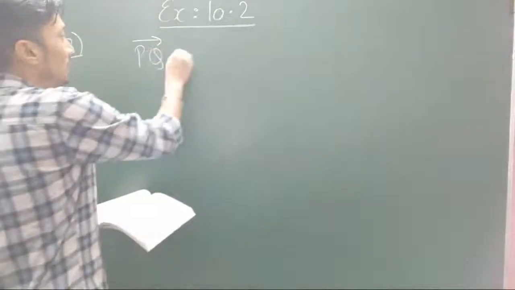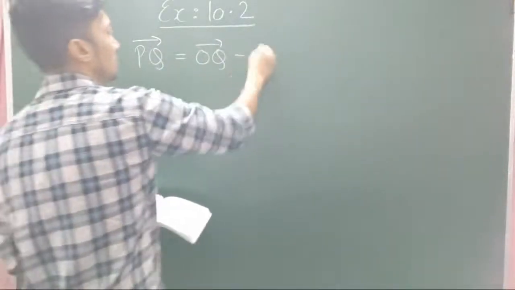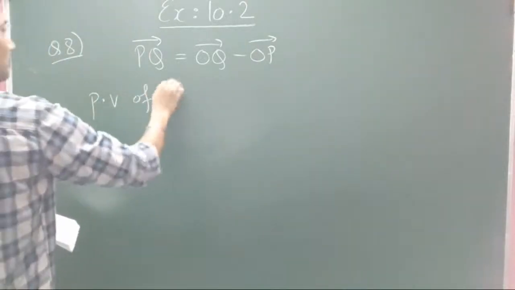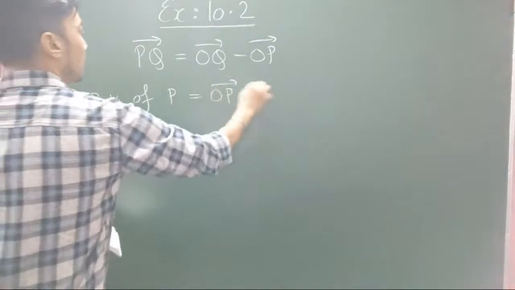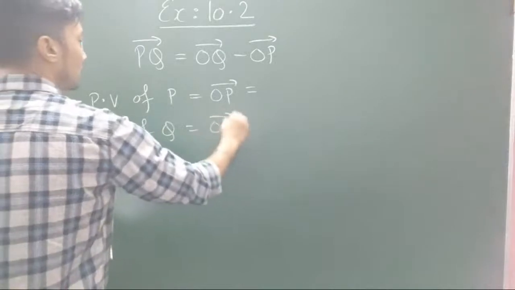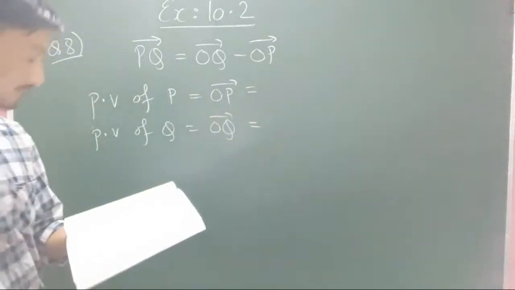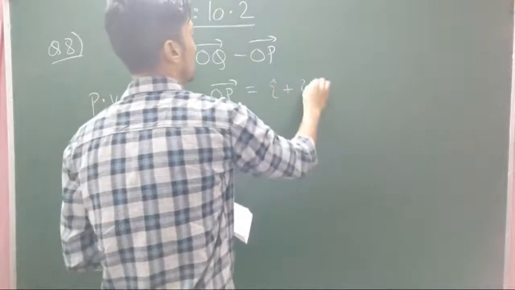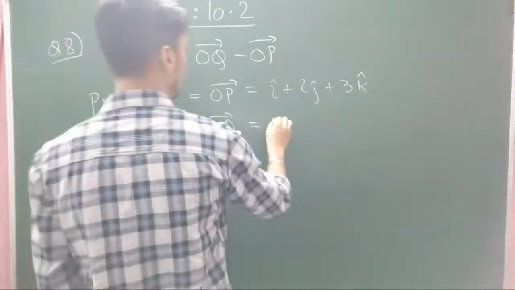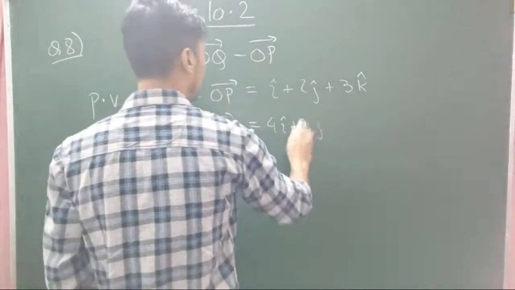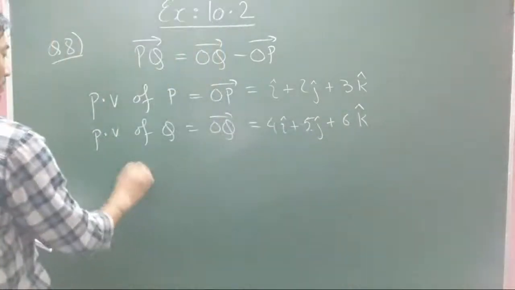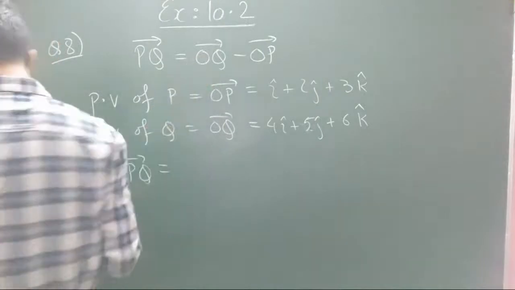As I said, PQ would be OQ vector minus OP vector. So position vector of the point P, that is OP vector, the points are already given: 1, 2, 3, so i plus 2j plus 3k. And position vector of Q, that is OQ vector: 4, 5, 6, so 4i plus 5j plus 6k. So PQ would be, since it is already written here, I'm doing it directly.